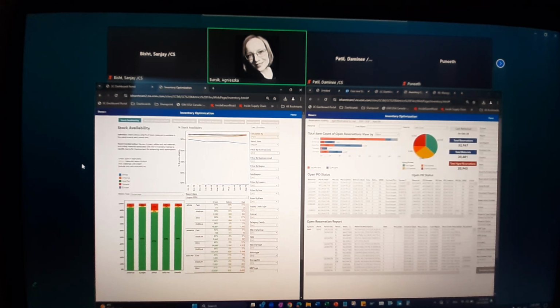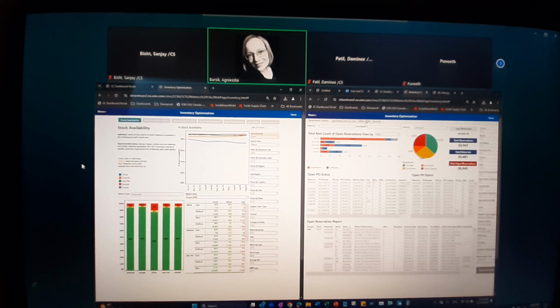This dashboard has been created this year or last year, and as you can see here, this one is updated daily. The one on the left, stock availability, is updated on a monthly basis, and this one is updated daily.